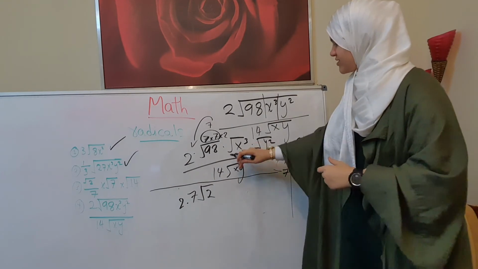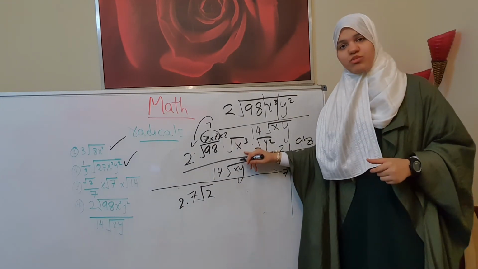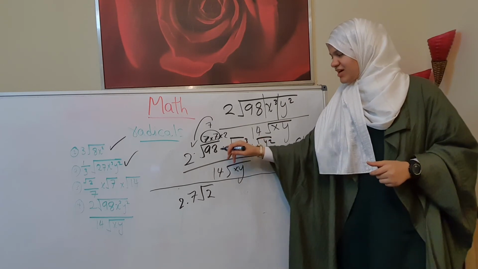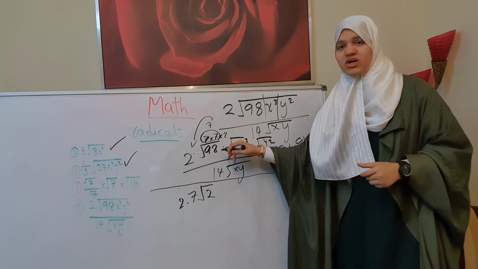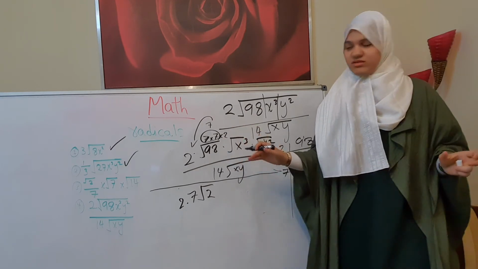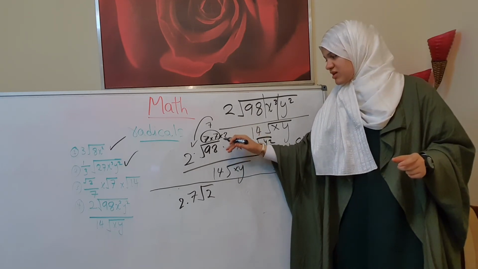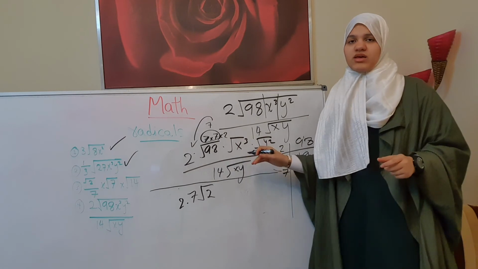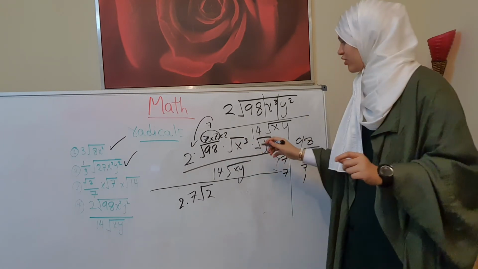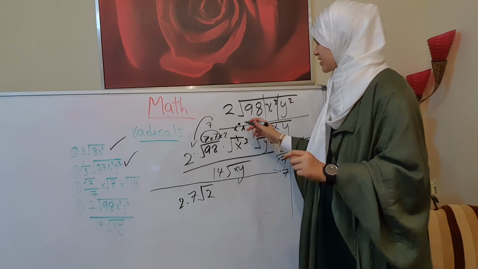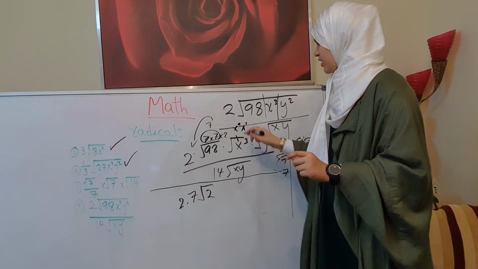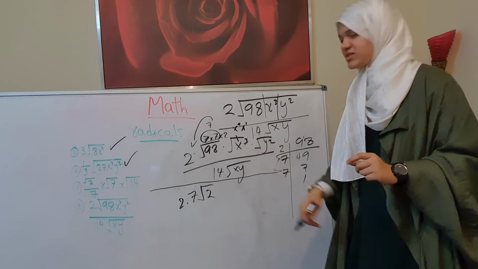Now the other part, what is it? x cubed. It can be cancelled by the square root, because the index is 2. So we can cancel 2 from 3. It will be x to the power of 2 plus x to the power of 1, so 2 plus 1 will give us 3.